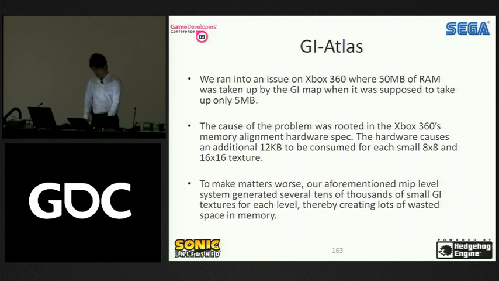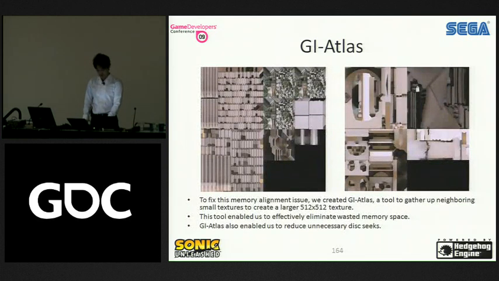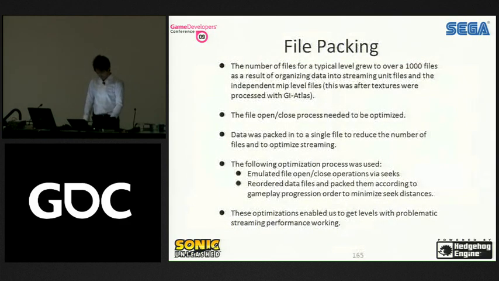With the mid-level file partitioning, we have so many files, and then we waste a lot of memory space. In order to deal with it, we collect small files and consolidate them to reduce memory consumption. Also, we reduce the wasteful seek time to the disk.